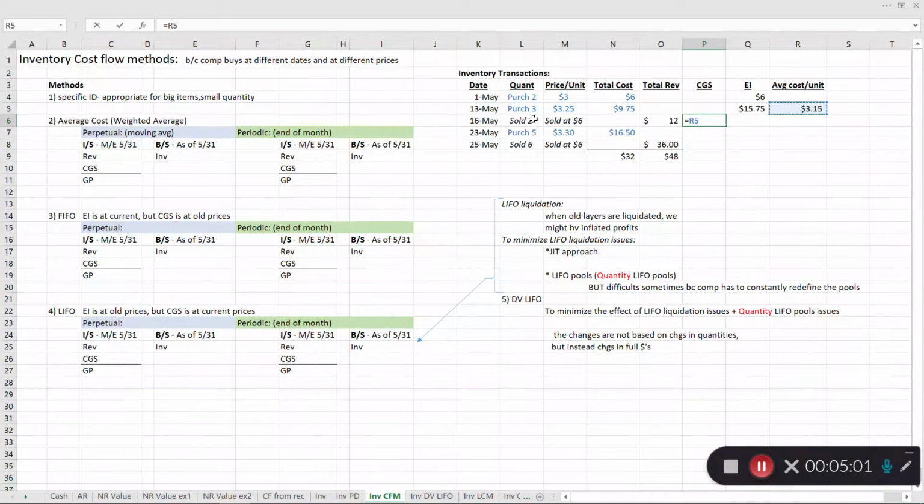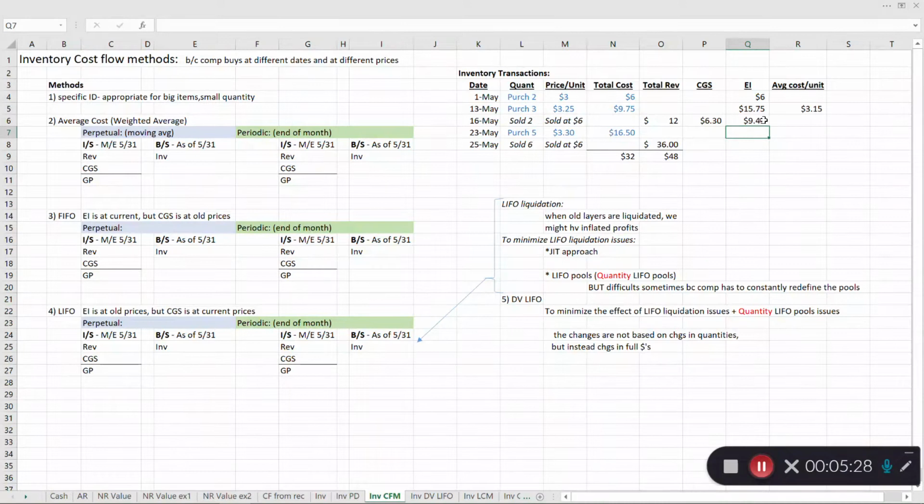So this will be times 2, which gives me $6.30. That would be my cost of goods sold for this particular transaction. So when I do the computation for the ending inventory, I have $15.75 minus what I'm taking out, which is $6.30. And that gives us $9.45.